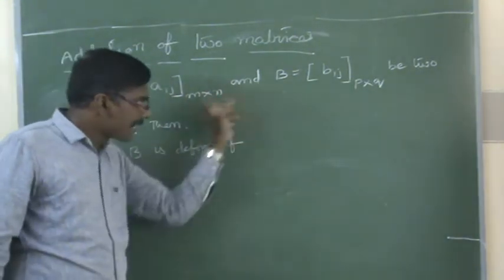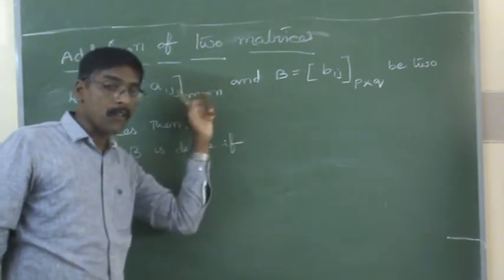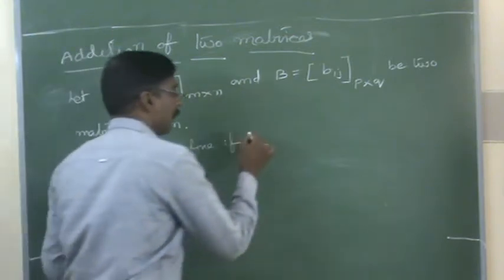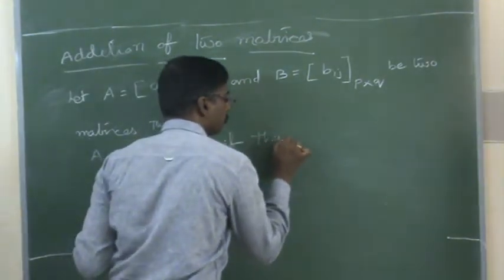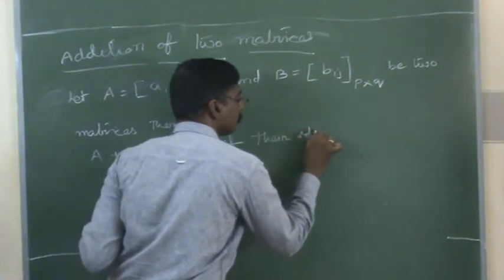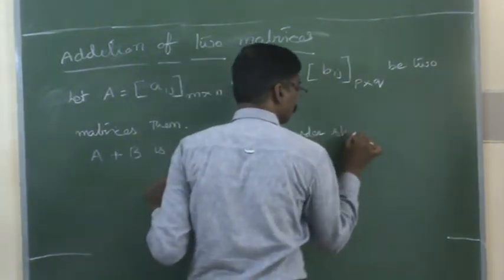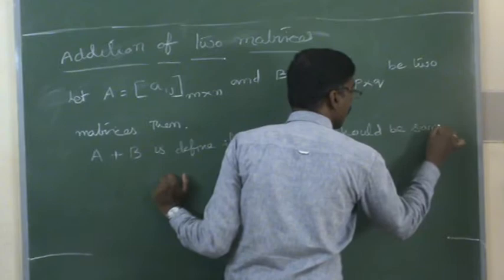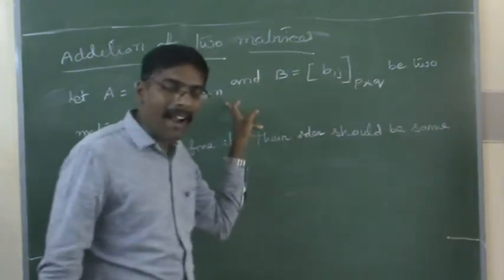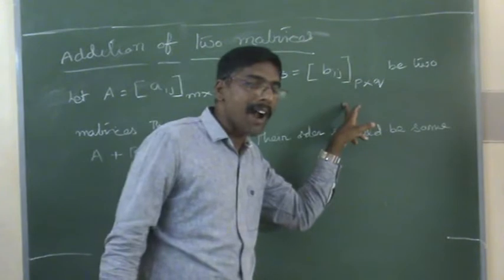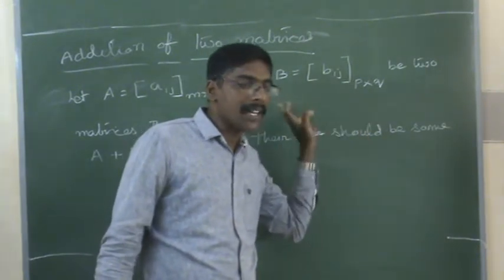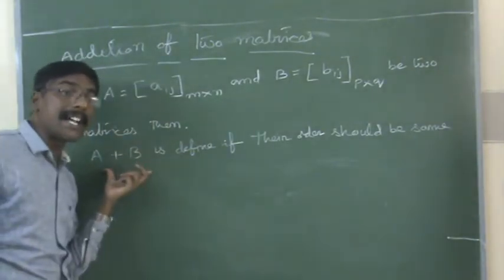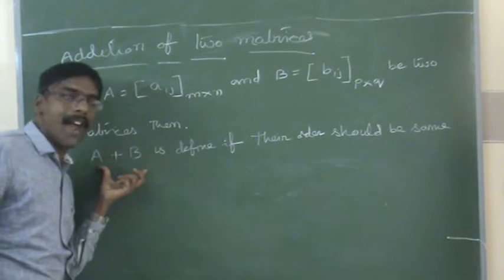Addition of two matrices is valid and defined when matrix A's order and matrix B's order are the same. At that time only, A plus B is defined and valid.